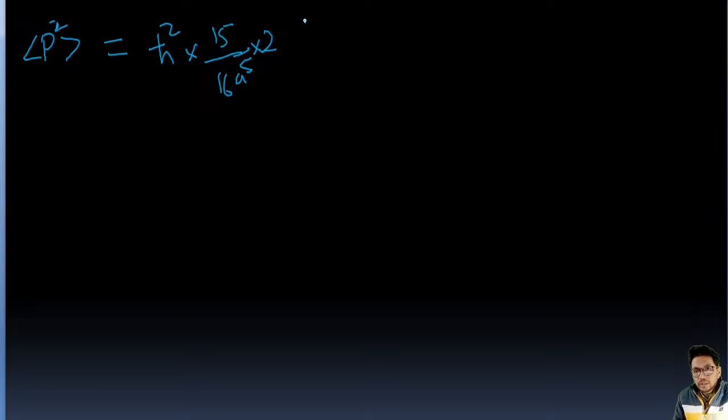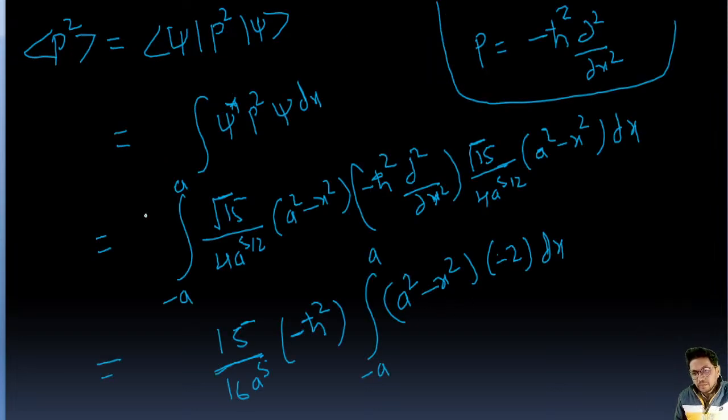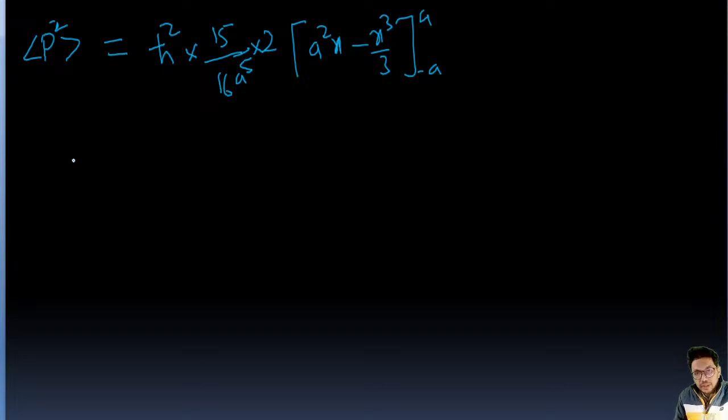So it is going to be a square x minus x cube upon 3, from minus a to a. We have integrated this term, very simple integration. So p square equals, we put the value.